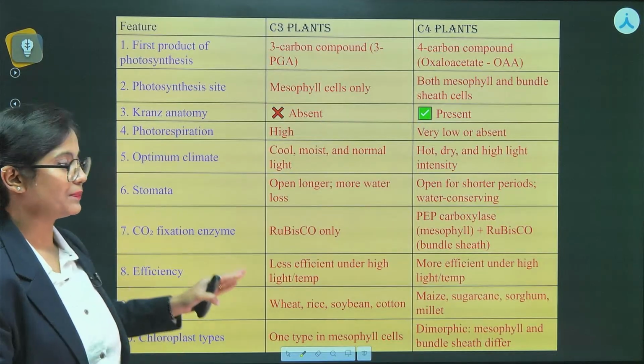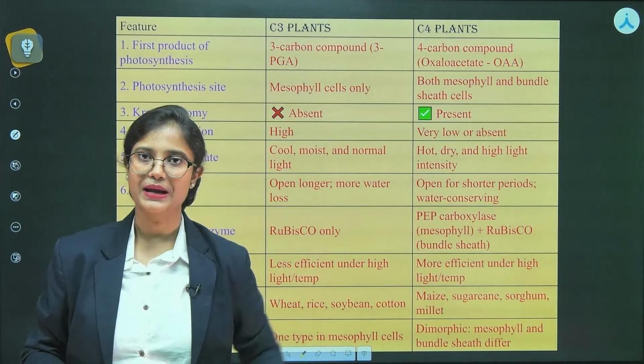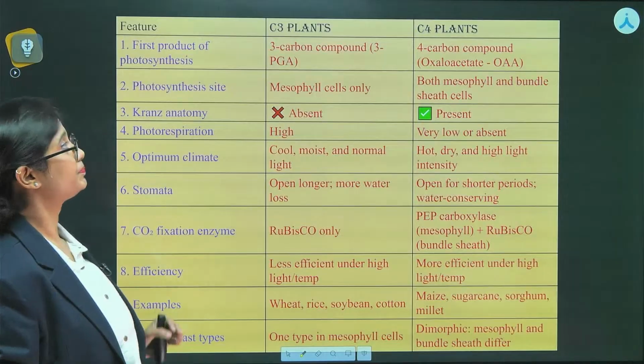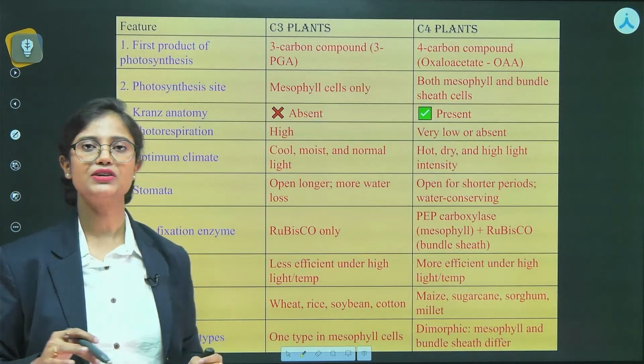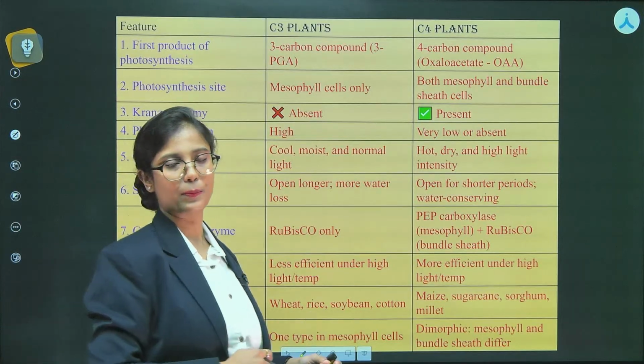Next is stomata. If we talk about the C3 plants, C3 प्लांट्स में स्टोमेटा जो हैं वो ज़्यादा देर तक ओपन रहते हैं.